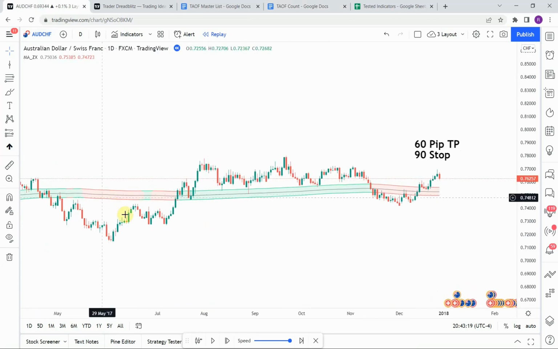The zone here, basically what we have is a channel, more or less. Two lines, one upper, one lower, and then a middle line running through the center there. And they create basically a moving zone or a band. And that band is changing from green to red and back again.